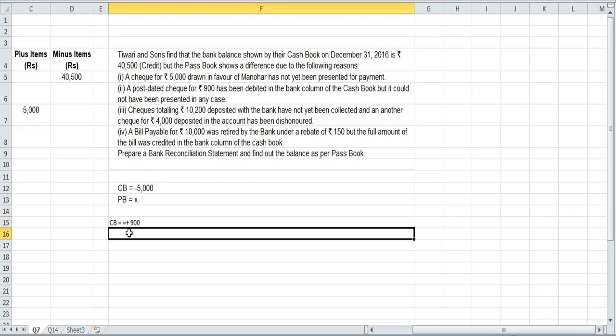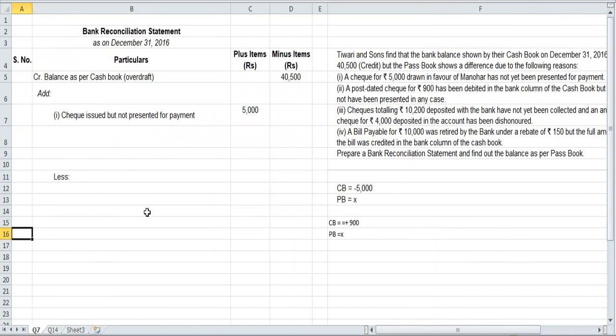But actually in the passbook it is not deposited. You have debited it in the bank column, which means you have deposited in the bank according to your cash book, but it is still not presented. So your cash book is up, passbook is less by 900, so since we are starting with the cash book, you will have to move the cash book and make it less.